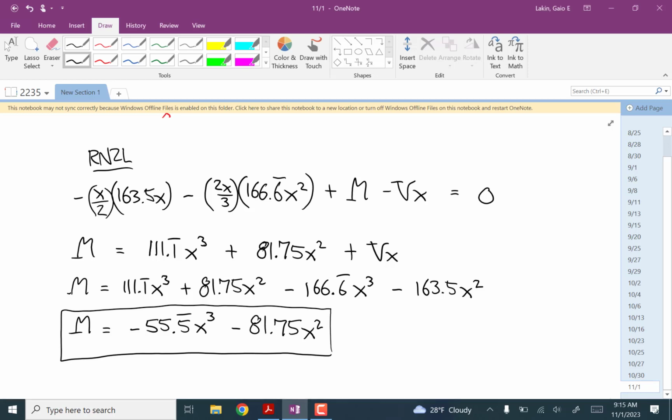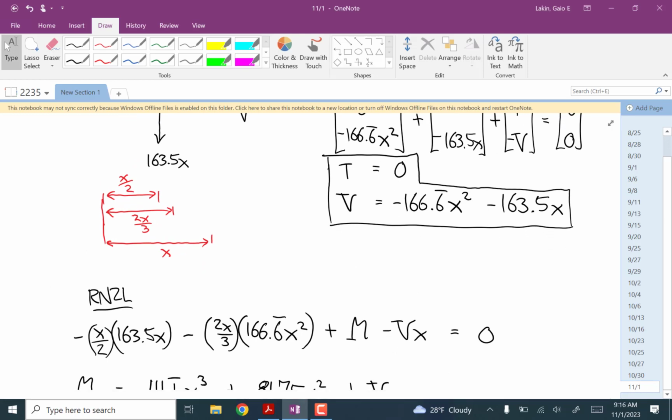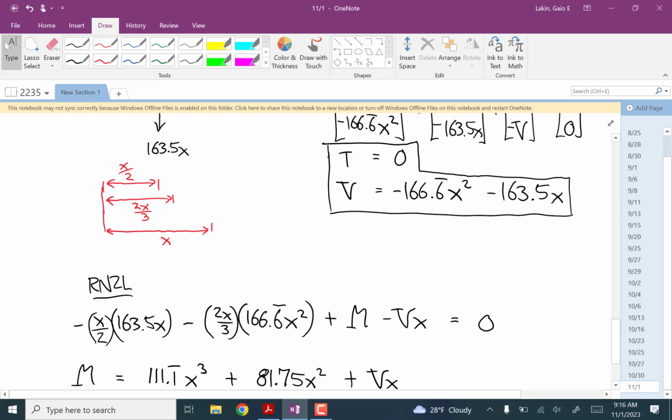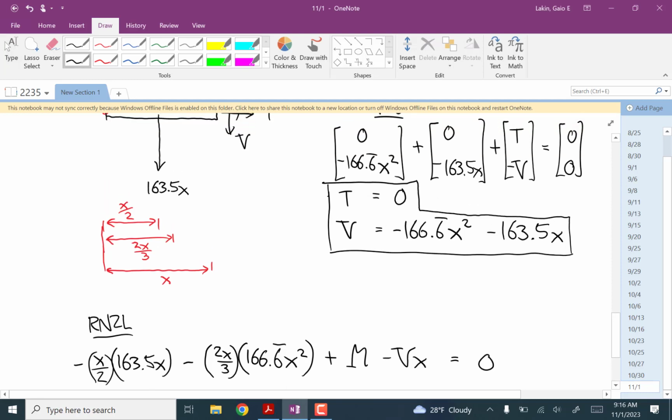So now let's do the derivative checks. dM/dx is negative 166.6 repeating x squared, and we have that term in the shear force. This is negative 163.5, and we have that in the shear force. Okay, that's good. And now we're going to take negative dV/dx and check that against our total q function.